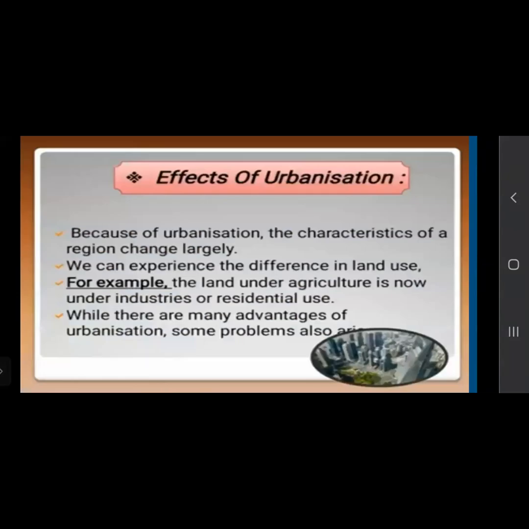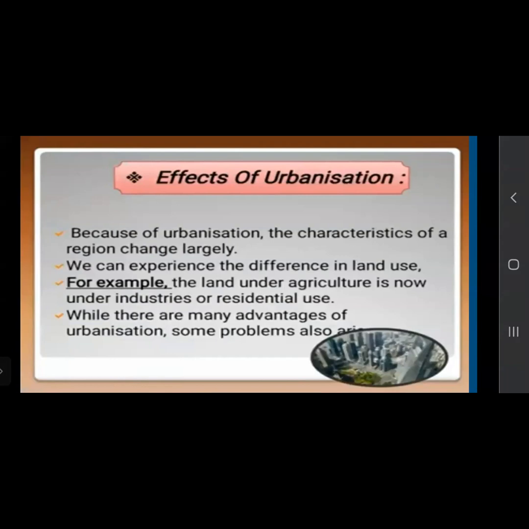Now today we will see what are the effects of urbanization. Because of urbanization, the characteristics of a region change largely. When the process of urbanization is taking place in a particular region, what do you mean by characteristics?